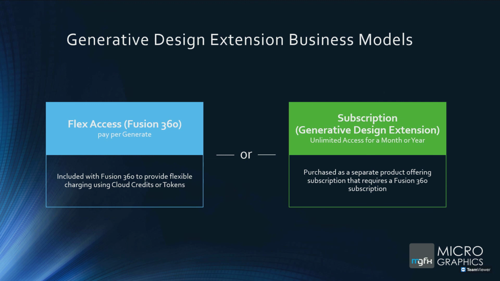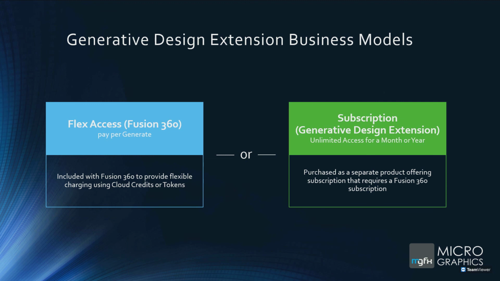Then there's the subscription offering that provides unlimited access for a year to the generative design extension, with as many design generations or outcomes as you want, for a year.